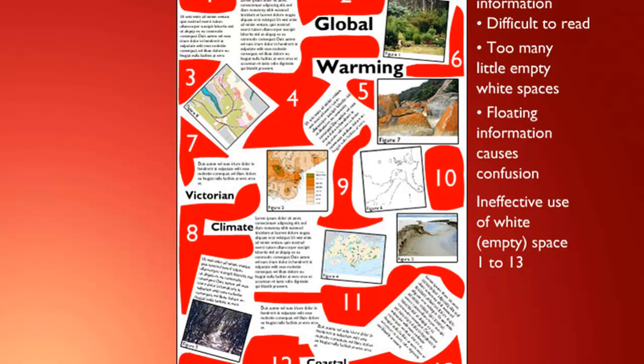So you can see how it's kind of scattered and messy and unorganized. That's an example of a poor use of space. We have ungrouped information, it's difficult to read, too many little empty white spaces, and floating information causes confusion.